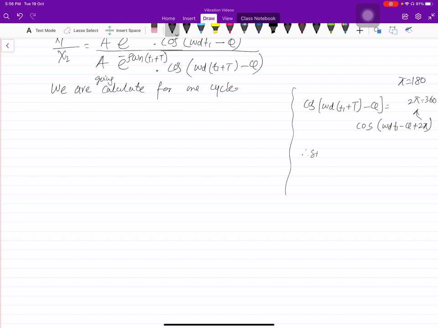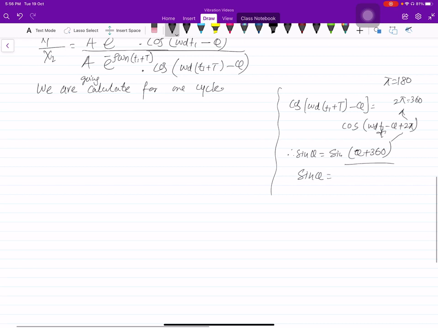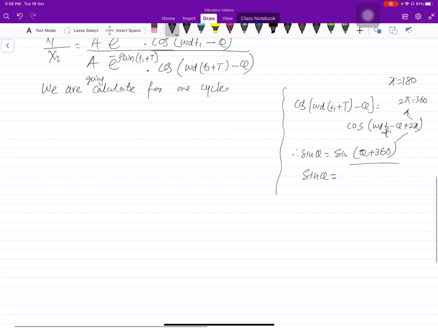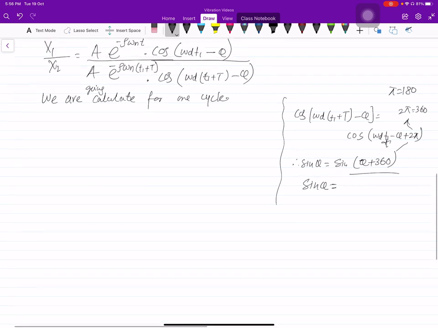Since we know that cos θ is equal to cos(θ + 360), when we have this 360 the angle is the same θ. So we can write cos θ instead of this, or cos(θ + 360) is also equal to this.